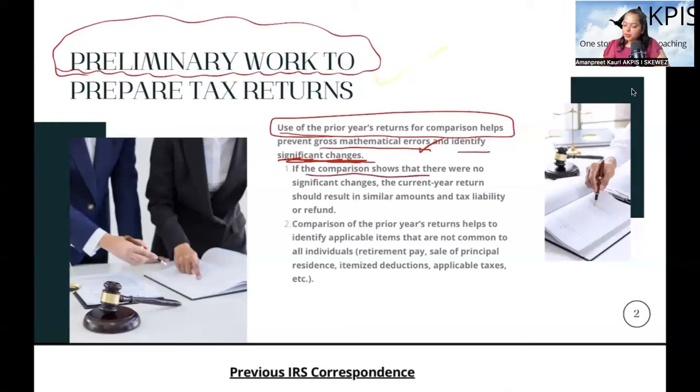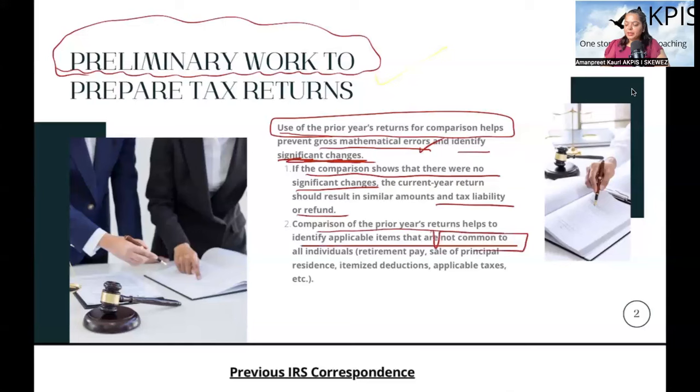If the comparison of the current year return with the previous year shows no significant changes, that means the amount of tax liability or the refund, if any, will be similar. But the comparison of the prior year returns also helps to identify the non-common items. Which items? Non-common items.